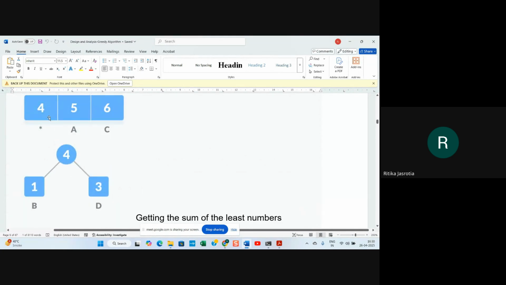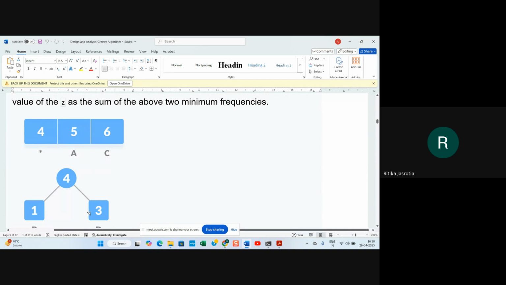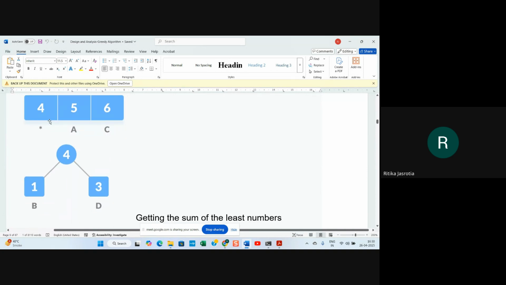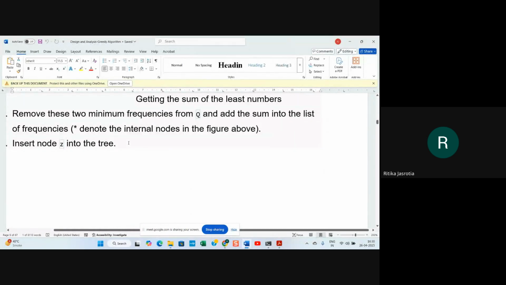This is the asterisk node. We will remove 1 and 3 from this list, and we have added asterisk 4, which is Z, and the rest we have are 5 and 6, A and C. These are the rest of the nodes.